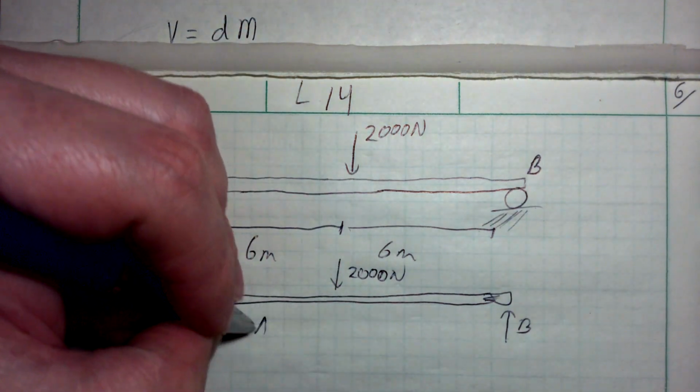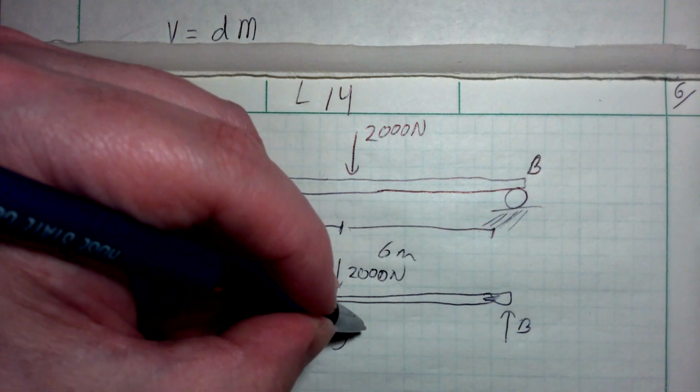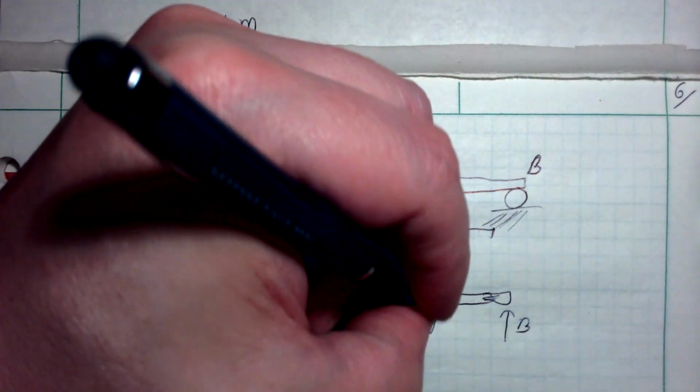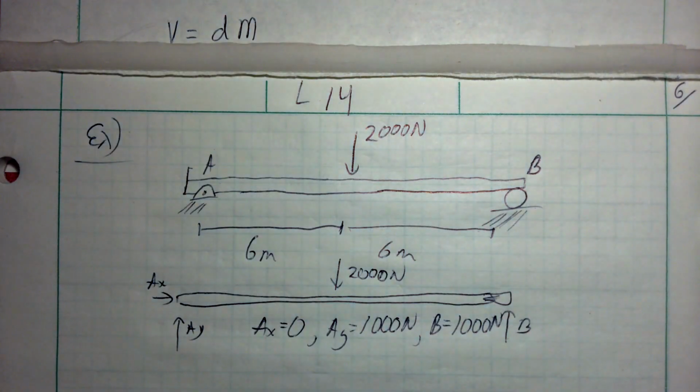All right, remember we found Ax to be 0 here. You'll find Ay to be 1,000 newtons, and you're going to find B to be the other remaining 1,000 newtons. So we need to be able to find those. You set up your equilibrium equations and find those very quickly here.